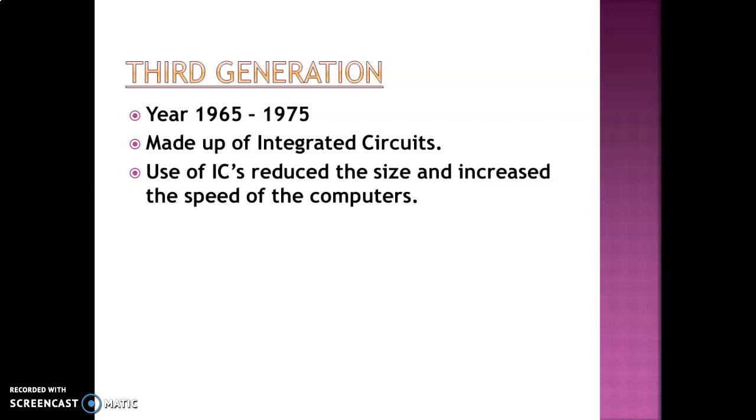Just because of the ICs, that is integrated circuits, the size of the computers was reduced and the speed of the computers was increased. It was more affordable and dependable. More affordable means that a common man can also purchase this particular computer.